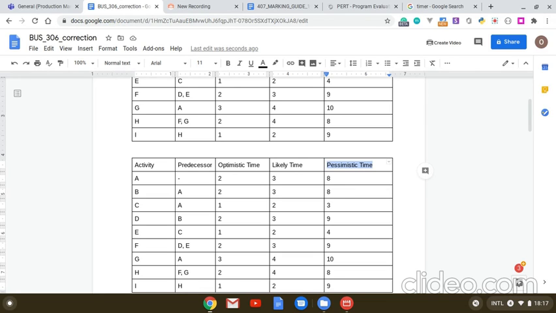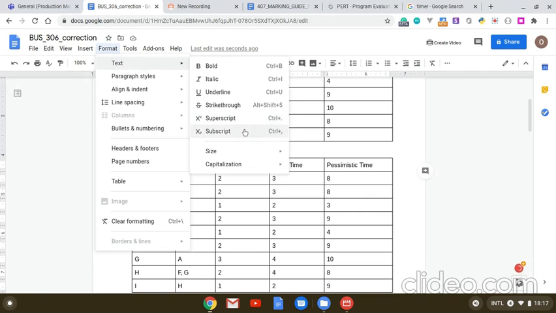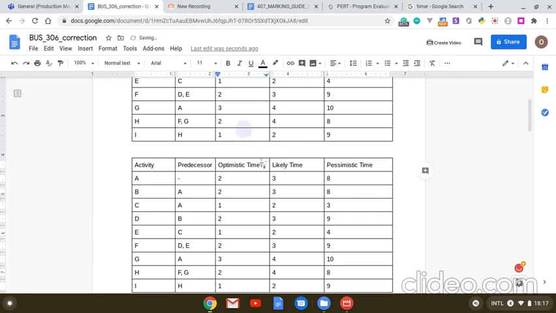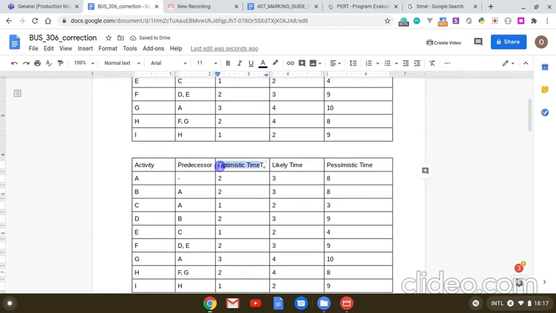Whatever, it is T subscript E. Now, if you remember vividly in the note I gave you, T subscript O represents optimistic time. So I'm going to change this to that. I highlight O, pick format, pick text, and I turn O to a subscript. Then I remove this optimistic time entirely.